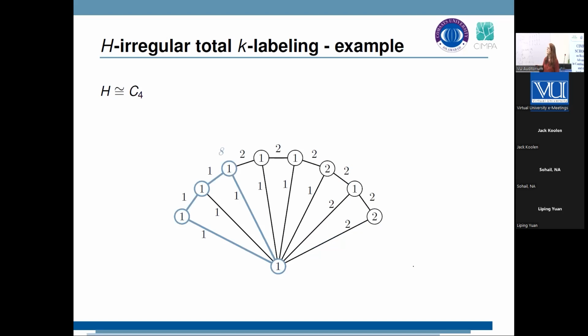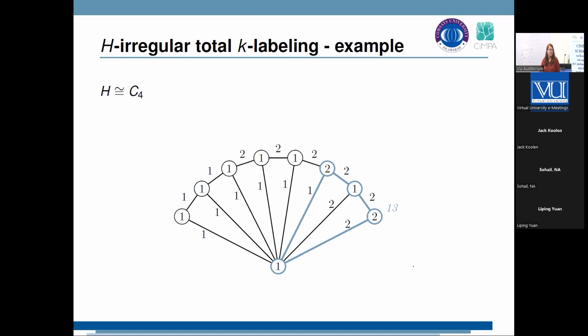So this one has weight 8. Why 8? We have 4 vertices, 4 edges, so the minimum is 8. And then we try to construct such a labeling that in an optimal way we get weights that are consecutive. Yeah, so 9, the next C4 is 10, 11, 12, and so on.